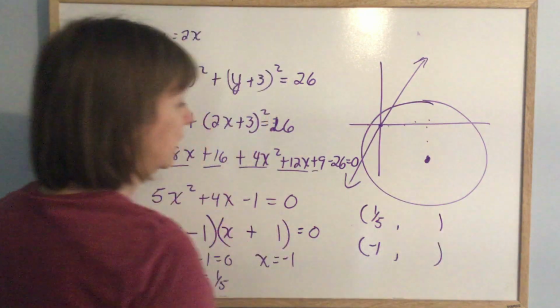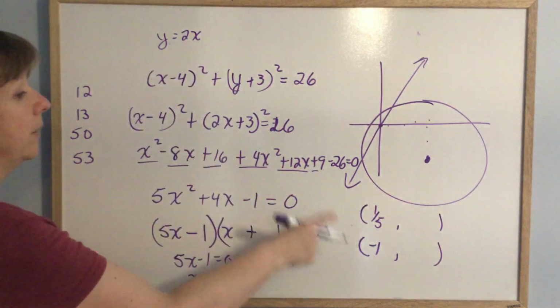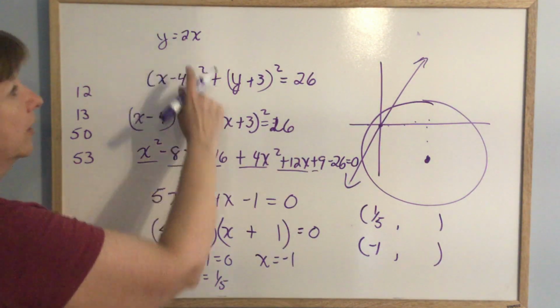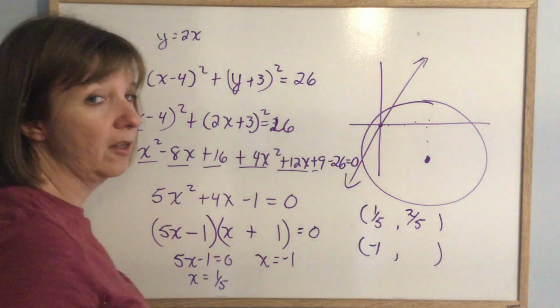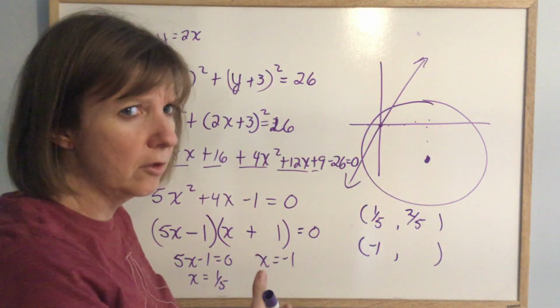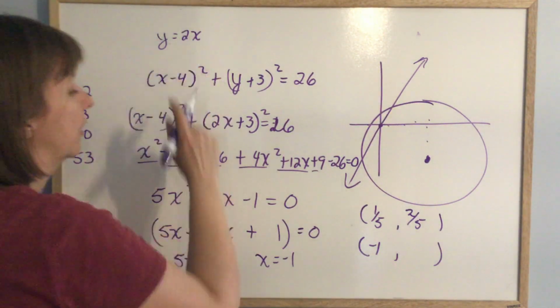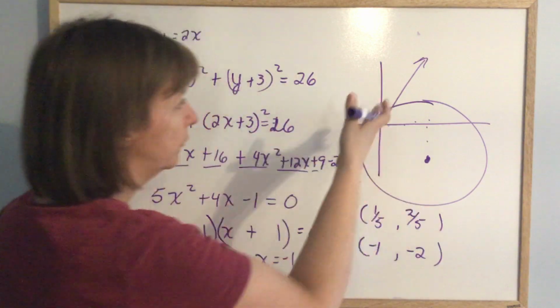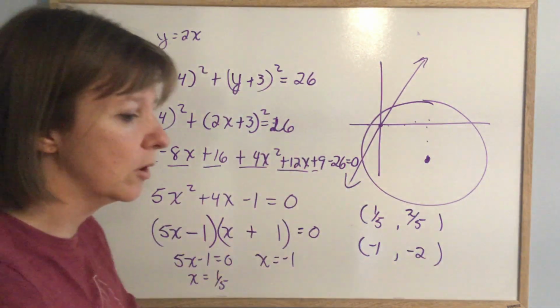Now, it's easier to substitute that back into here. If I put 1/5 into here, 2 times 1/5 is going to be 2 over 5. Now they said put it in decimals. They said put it as a tenth, so you can do that. 1 divided by 5, 2 divided by 5. And -1, 2 times -1 would be -2. And again, those sort of make sense with my quick sketch, my quick drawing there.